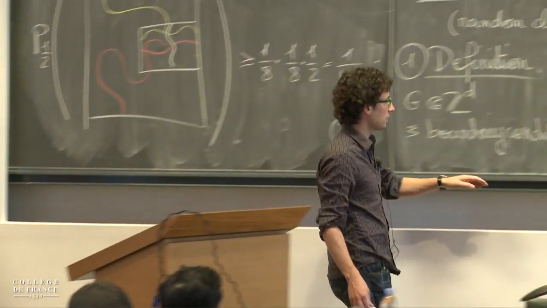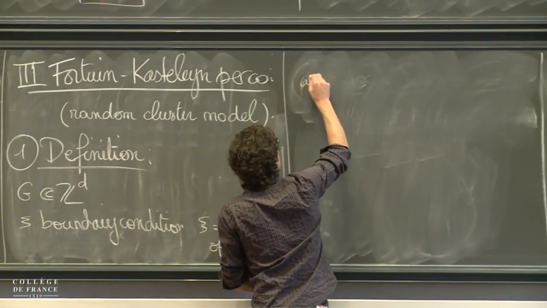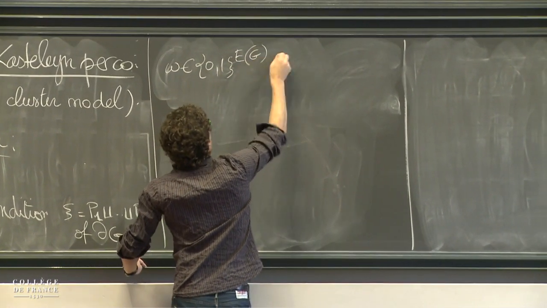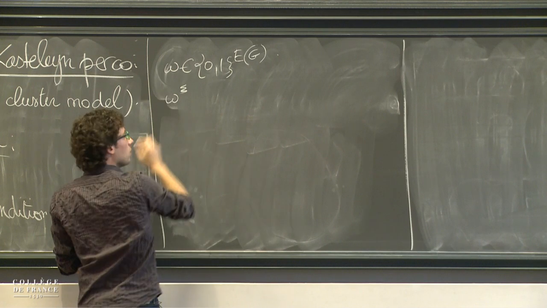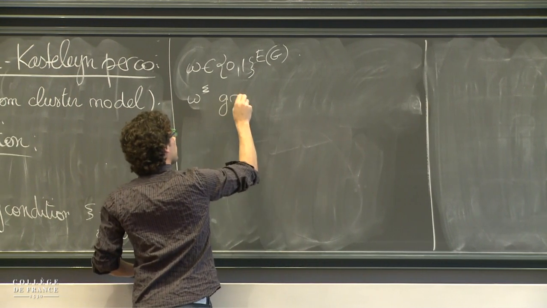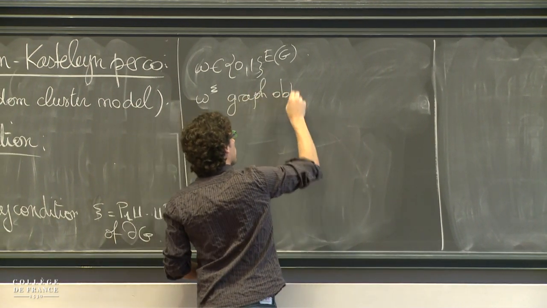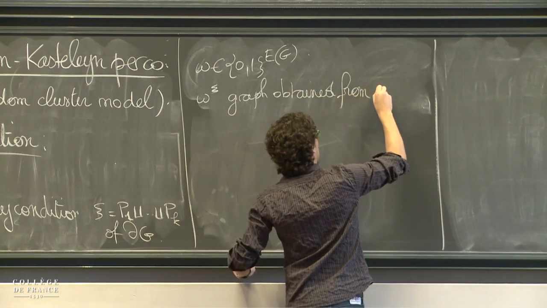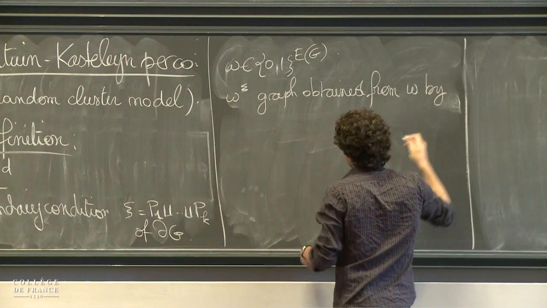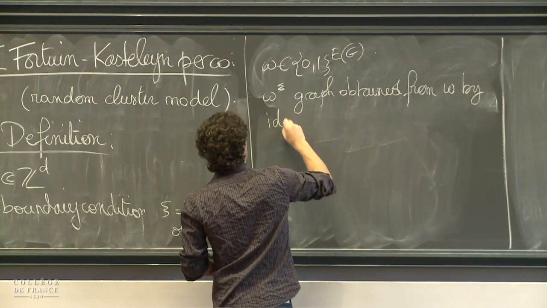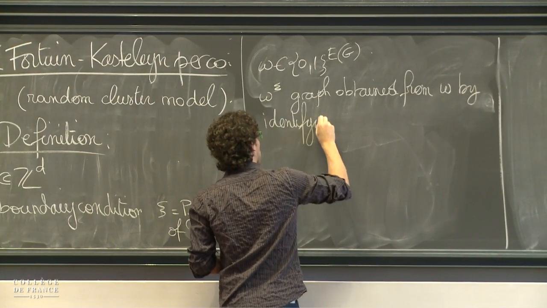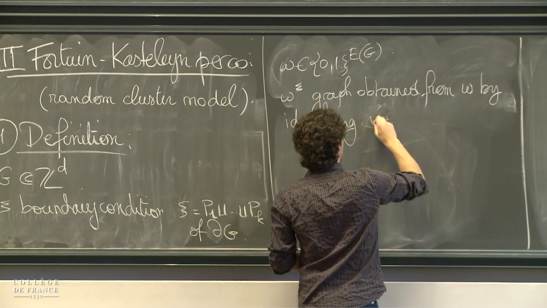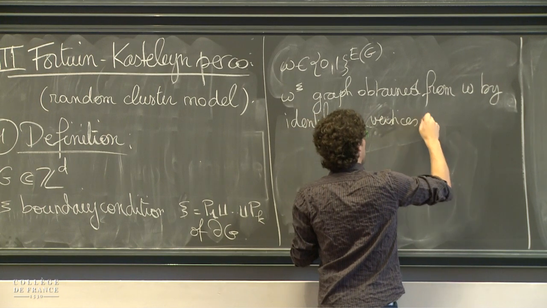So for a configuration omega in {0,1}^E(G), I'm going to define omega^psi to be the graph obtained from omega by identifying vertices in the same pi.